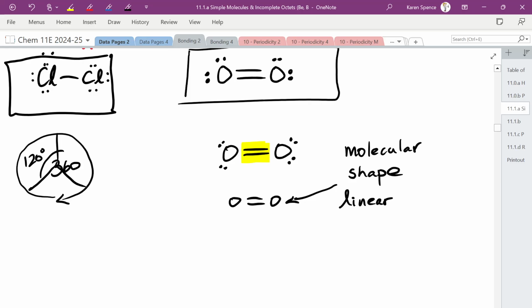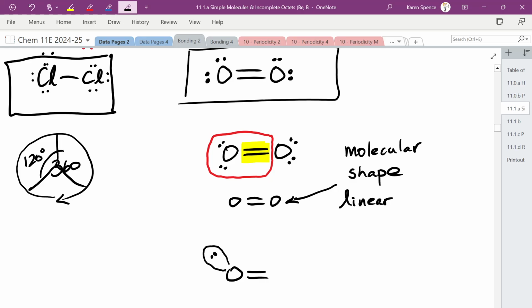However, what if I was to ask you, let's focus on this oxygen here. So we have this oxygen, and it's got a double bond there, and it has a lone pair here. Let's see if I can draw the little bubble thing.